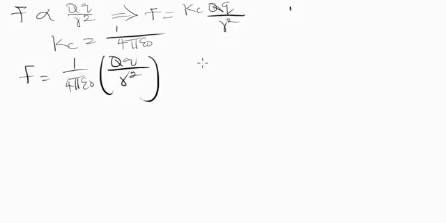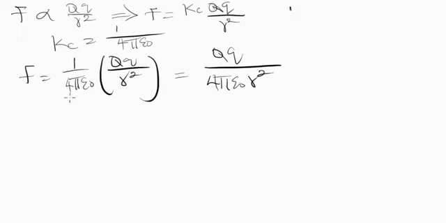Now we'll multiply this out. We'll have 1 times the product of these charges will give you the product of the charges, and then 4 pi epsilon naught times R squared will give you 4 pi epsilon naught R squared.